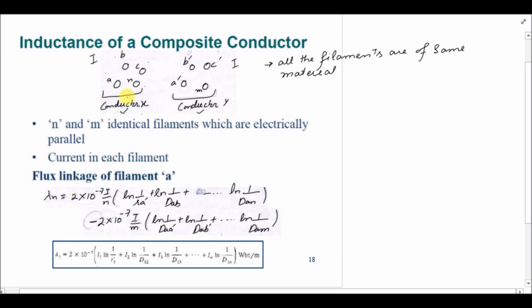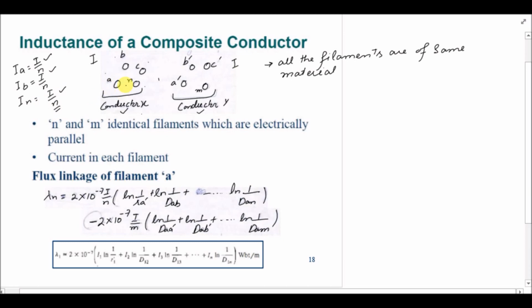So if we have N conductors, then the current flowing through conductor A will be I over N. The current flowing through conductor B will be I over N, and up to conductor N it will be I over N. So all the filaments in conductor X will have the same current flowing through them, and the current flowing through the whole conductor X divided by the total number of conductors is the current flowing through the individual filament.